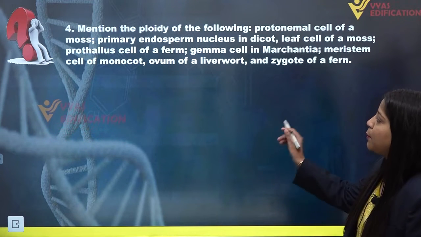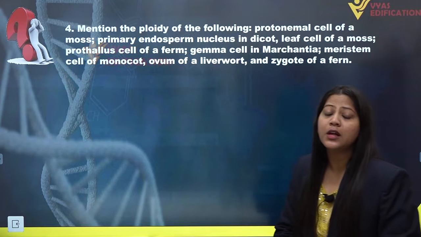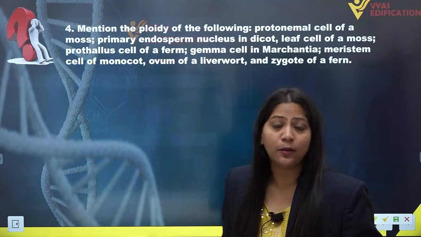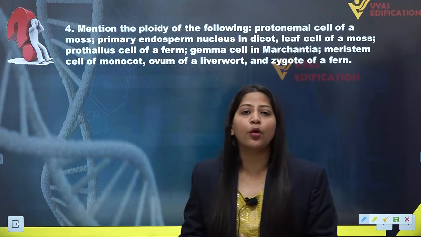So let's discuss the ploidy level of the first thing, that is protonemal cell of a moss. Now what do you mean by protonemal cell of a moss? We know that moss is a bryophyte.